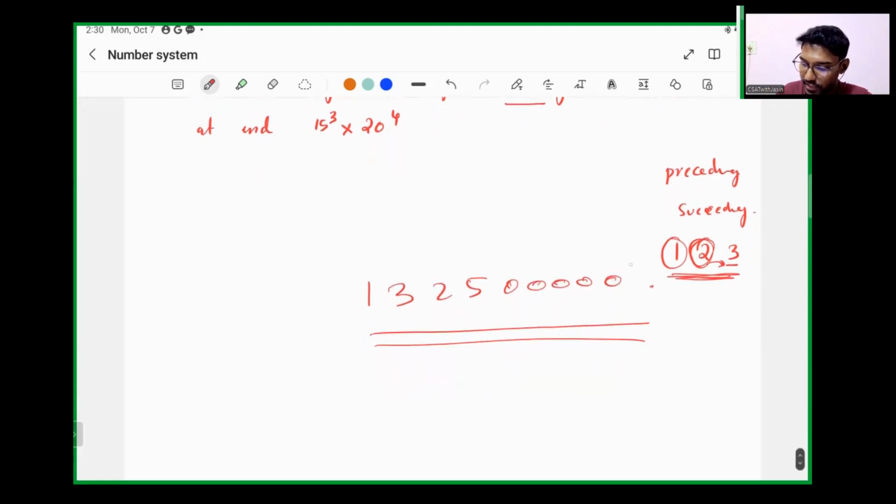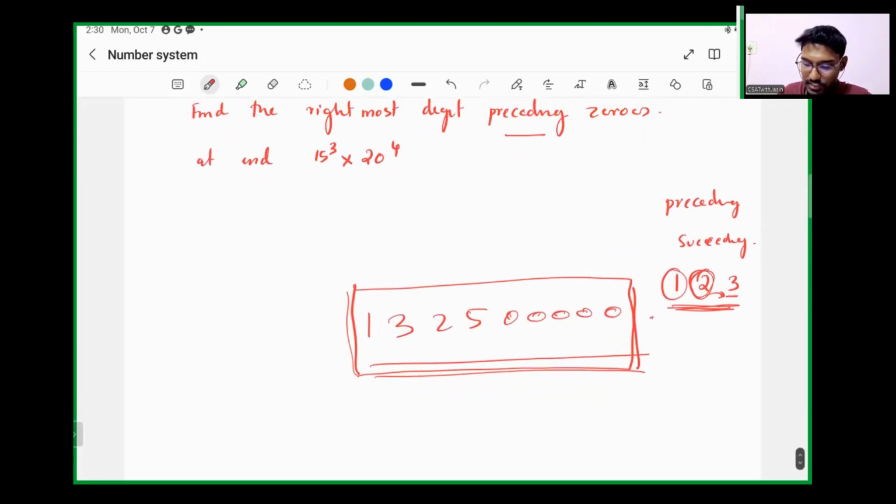Okay, so similarly here in this number, which is the rightmost digit preceding zeros? So so many zeros are here. Preceding means which is coming before zeros. So all these digits are coming before zeros. In that, this is the rightmost digit, right?